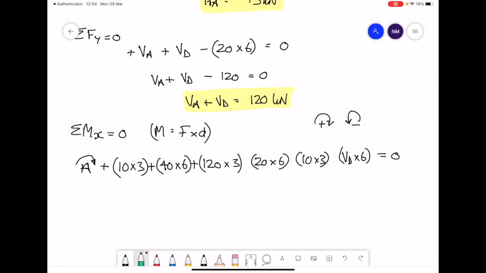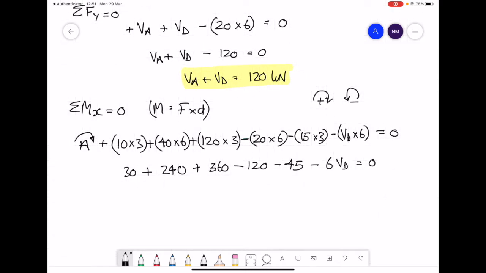Updating these into our equation, negative, negative, negative, then we can simply rearrange the equation and work out our first reaction. Force there should be 15.